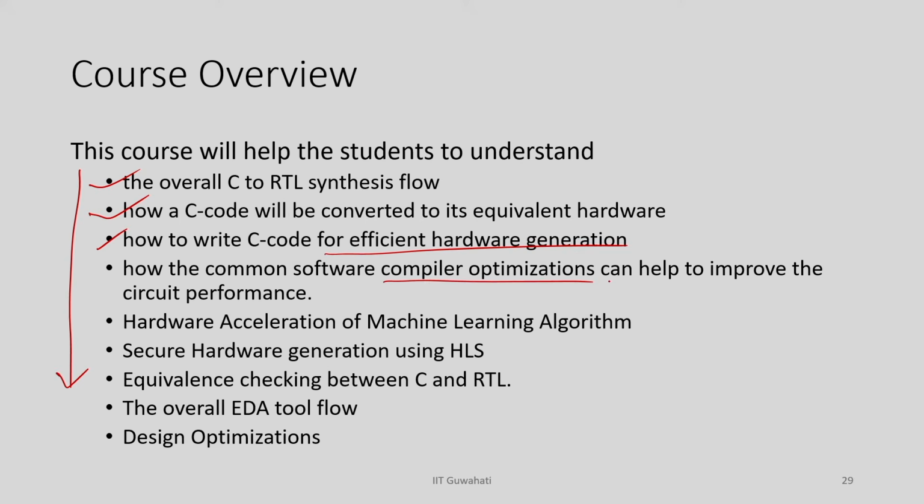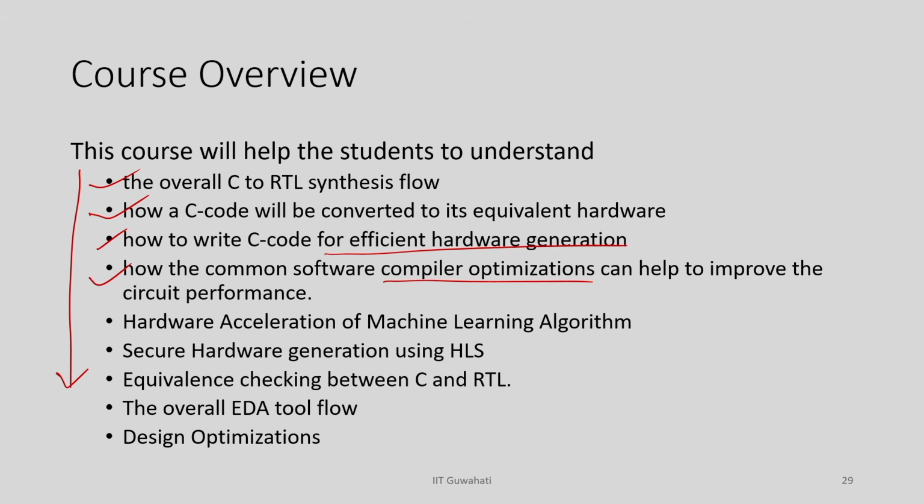Then I am going to cover this topic. Once you have a C code, you have the GCC compiler and the LLVM compiler, which have hundreds of optimizations, right. They take a C code and convert it into another optimized C code by applying various optimizations. I hope you are aware of those optimizations. Now, since I am converting this C code into hardware, why not take advantage of these optimizations, which are already implemented and widely available, right.